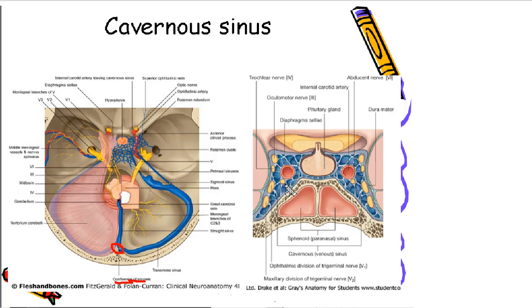And along the lateral wall of the cavernous sinus, we have the third or oculomotor, the trochlear nerve, and then the ophthalmic and maxillary divisions of the fifth cranial nerve. So these are some very important structures in relation to the cavernous sinus, and therefore if there is any problem with the cavernous sinus, then these structures could be affected.